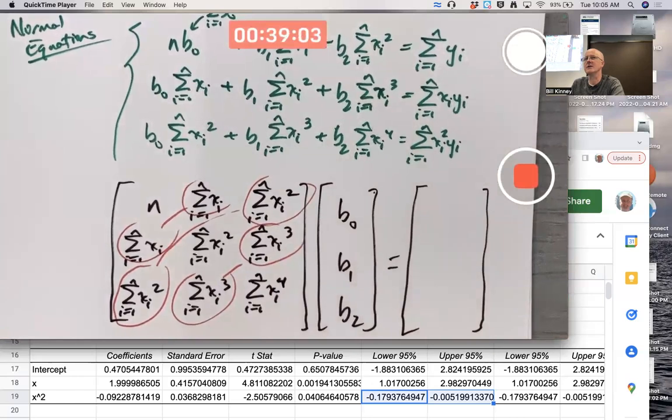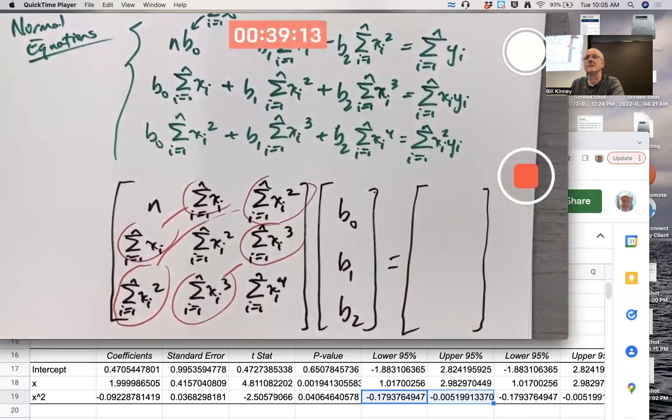And it turns out also that as long as you've got data points for 2 different x values, this will be an invertible matrix as well. And on the right, I'd want to put these things.